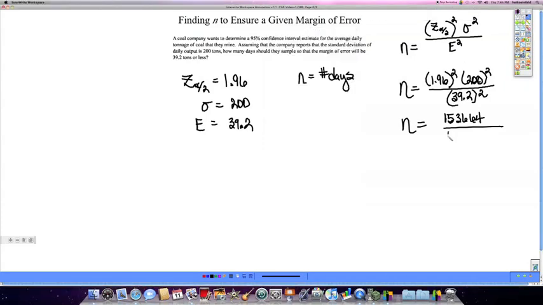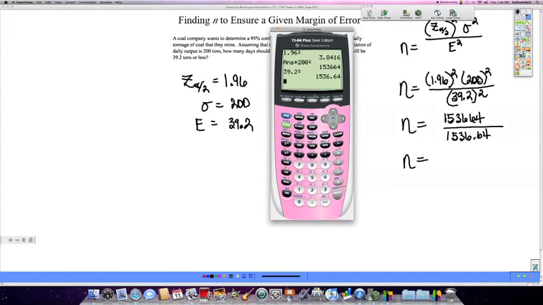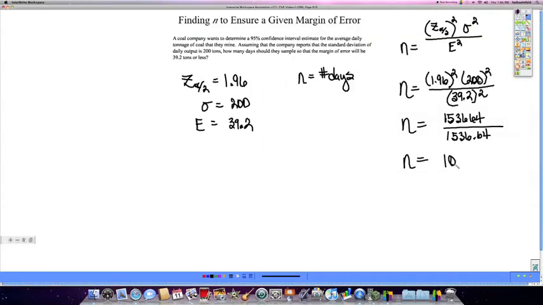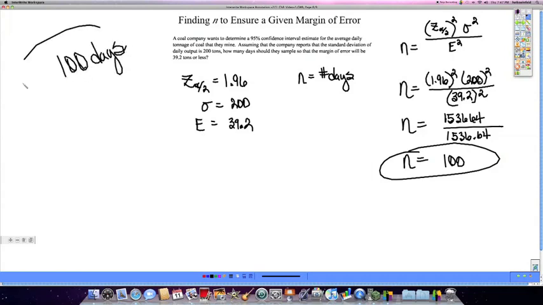This is going to be a lovely calculation. And so when we divide the numerator by our last answer, we get 100. So the answer is that they should sample for 100 days. And that will ensure that their margin of error is 39.2 or less.